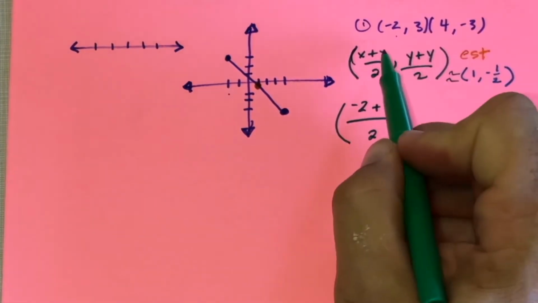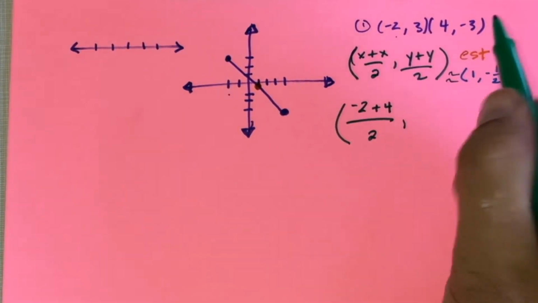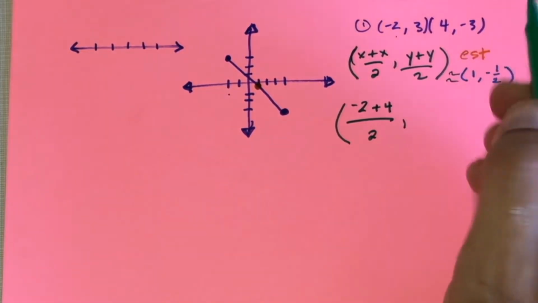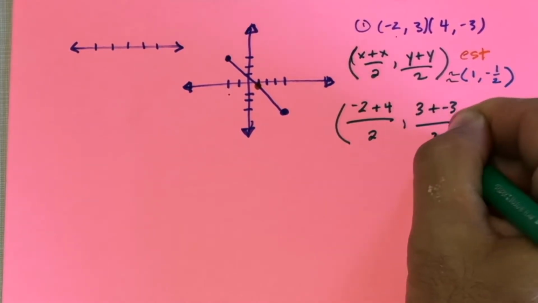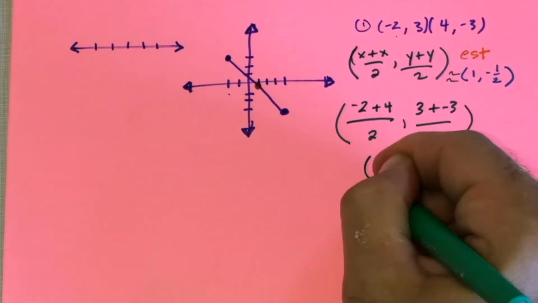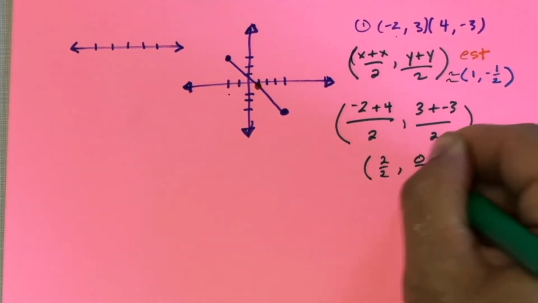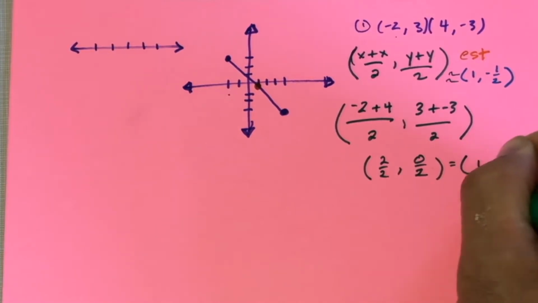So basically, you're finding the midpoint of your x's and the midpoint of your y's. Then 3 plus a -3 over 2, and I would have ended up with 2 over 2 and 0 over 2, which would have given me a midpoint of 1 and 0.